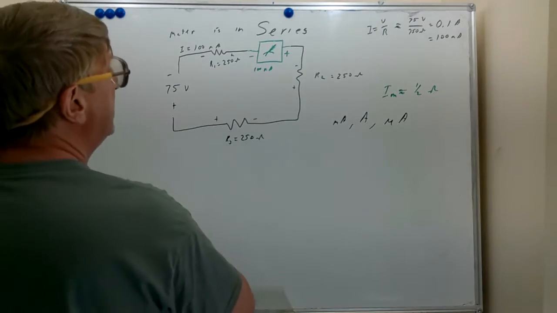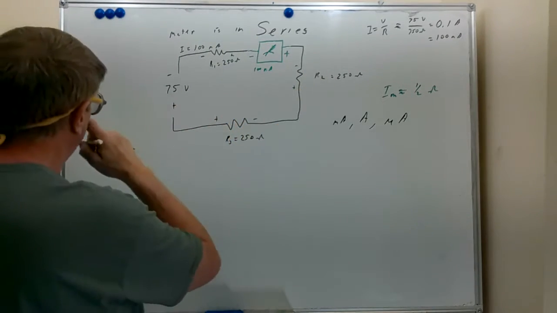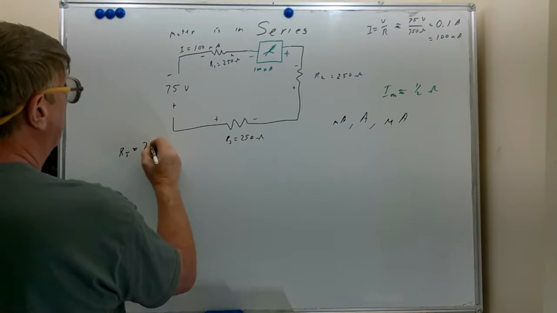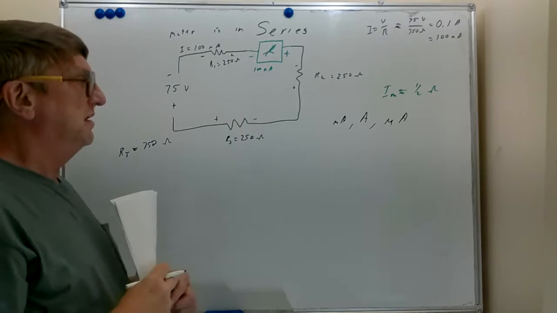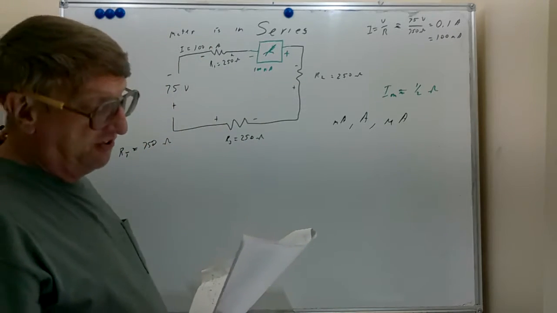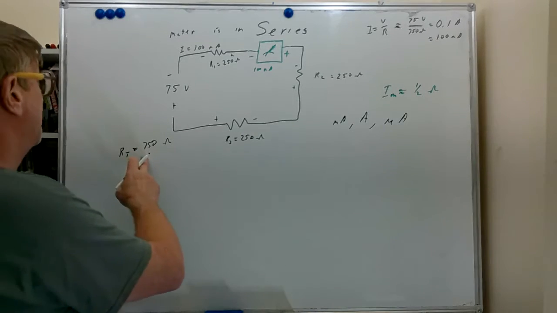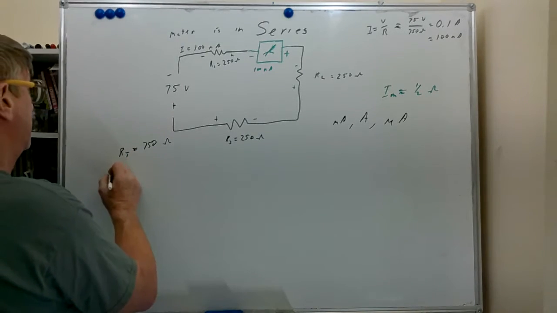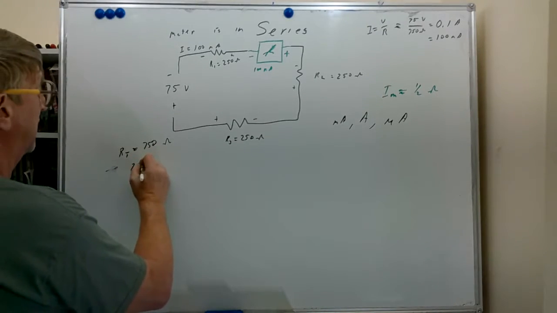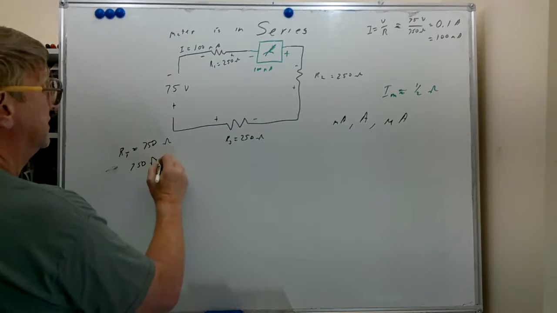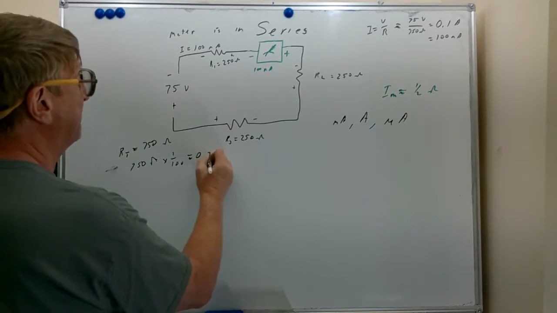We have RT here. Let's put the RT down. We calculated that before, 250, 250, 250. We have 750 ohms. So we probably desire a resistance of the meter of no more than 1/100th of that. 1/100th of 750 is 0.75 ohms.